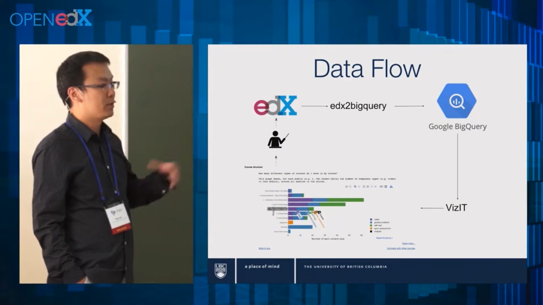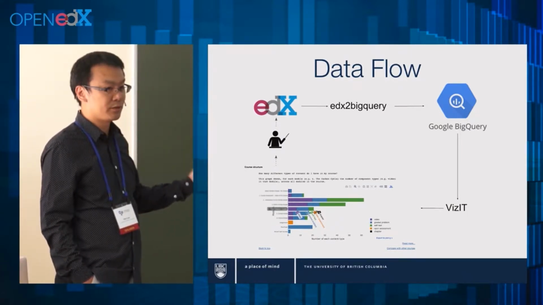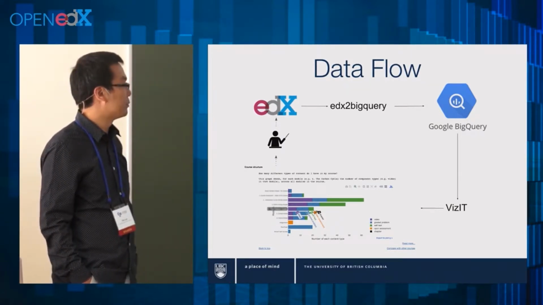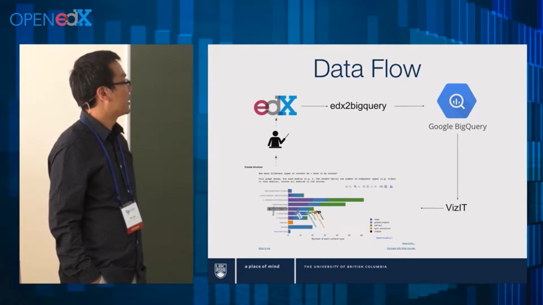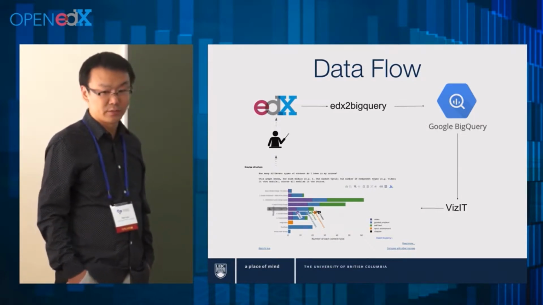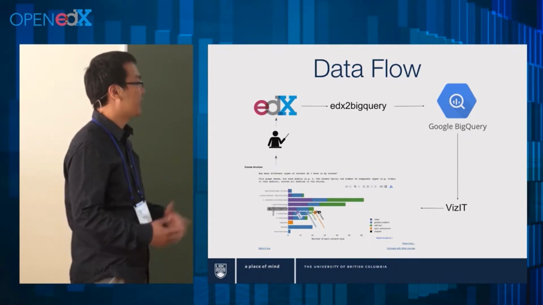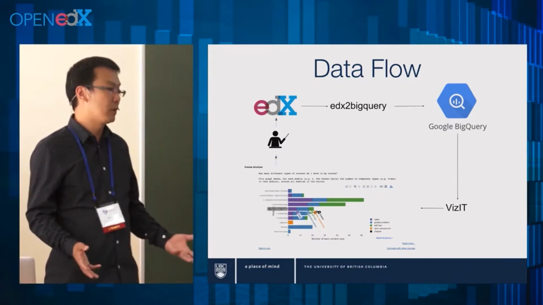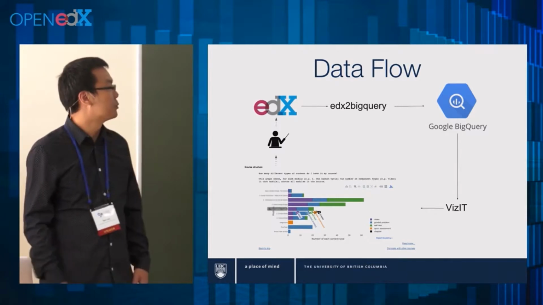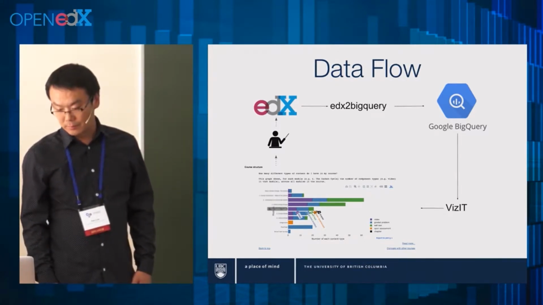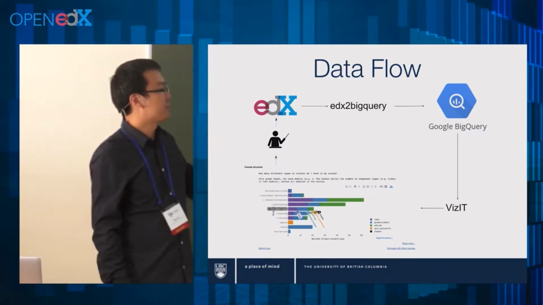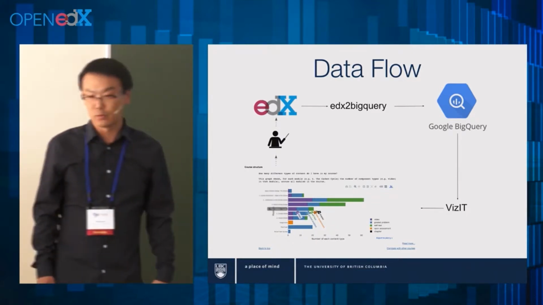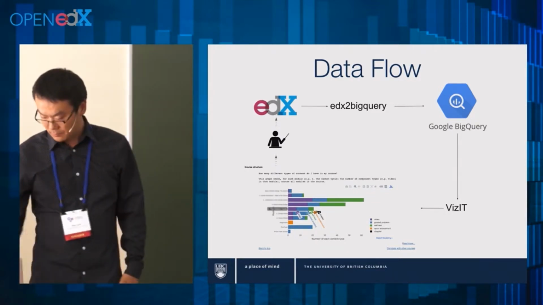Then we present those charts to the course team, the instructor and course builder. They look at the charts to see if there's any problem, or if they can identify anything that can be used to improve the course. Then they use that feedback to improve the course in the next run.